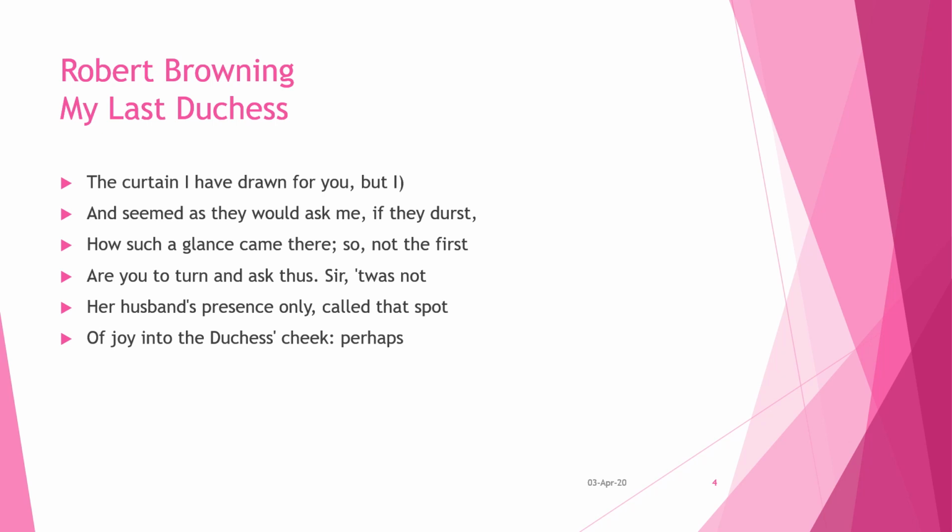The word durst here means, it's Old English for dared. If they dared to ask me. The Duke knows that he is not an easy person to talk to. He is a tough person, and they are afraid to speak to him, to ask him questions about his dead wife.